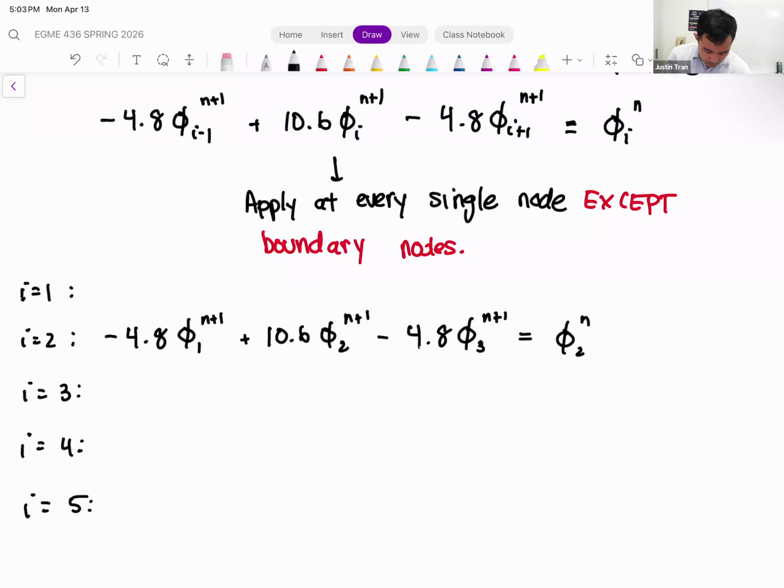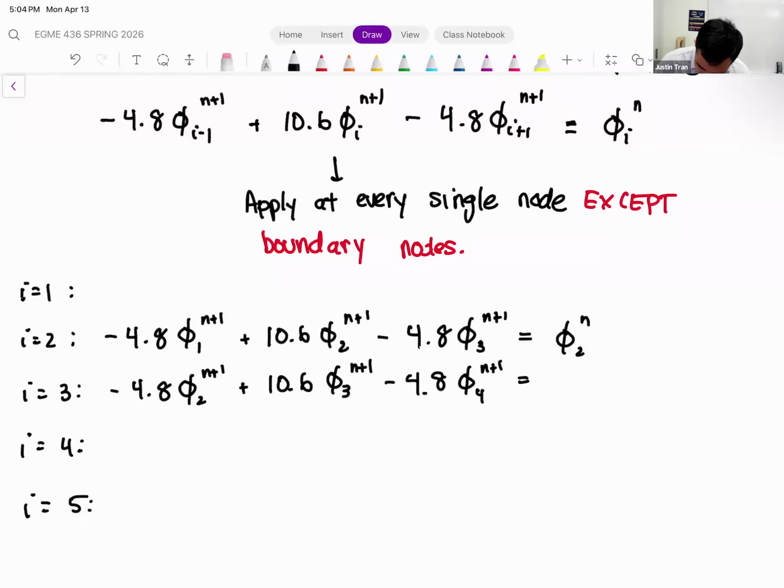Same thing for i is equal to 3, except every space index is advanced by 1. So we have minus 4.8 phi2 at n plus 1, plus 10.6 phi3 at n plus 1, minus 4.8 phi4 at n plus 1 is equal to phi3 at n.